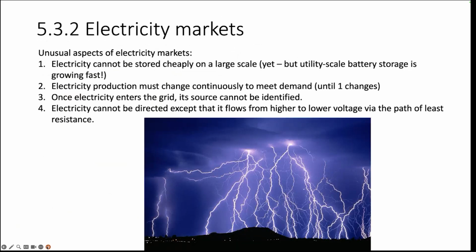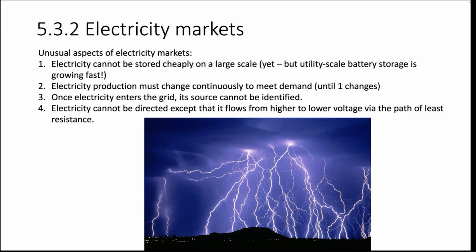All right, let's talk a little bit about electricity markets. There's several unusual things about it. One of them is that electricity cannot be stored cheaply on large scale yet, but utility scale battery storage is growing fast, and we're going to be talking about that. Second interesting thing is electricity production has to change continuously to meet demand, at least until we have much more battery storage. Once electricity enters the grid, its source cannot be identified.